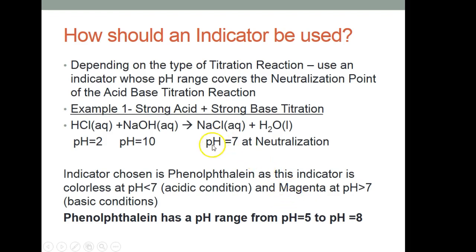So you can definitely tell that the acid has been neutralized by the base because of that color change from colorless to pink. Between 5 and 8 is the pH range, and that incorporates the endpoint pH. Therefore, phenolphthalein would be a good indicator for a strong acid, strong base titration.